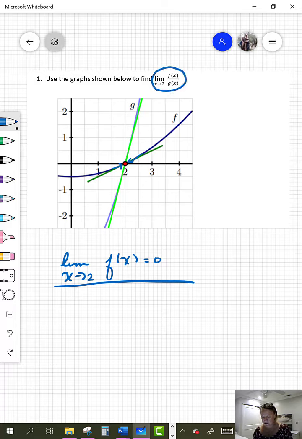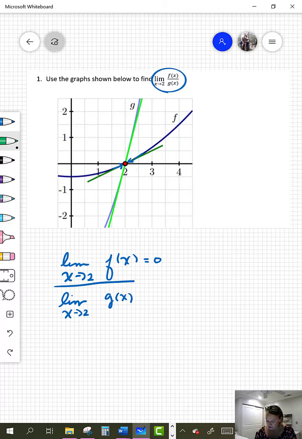The limit as x approaches 2 of this rational expression is the same thing as the limit as x approaches 2 of f of x all over the limit as x approaches 2 of g of x. If we look at what's happening as we're approaching 2 on g of x, again, we're getting closer and closer to 0. So we get 0 divided by 0, which is an indeterminate form.